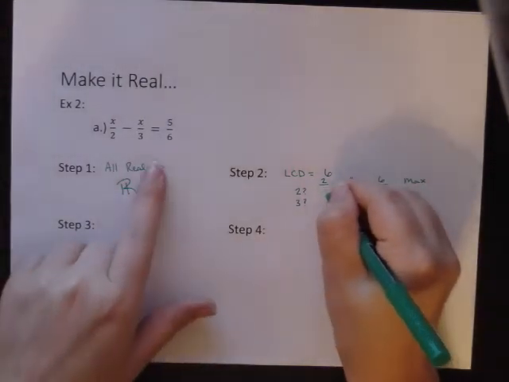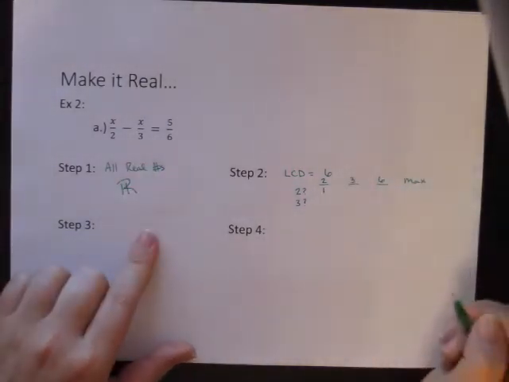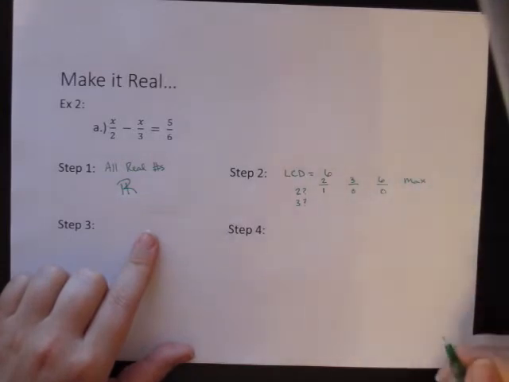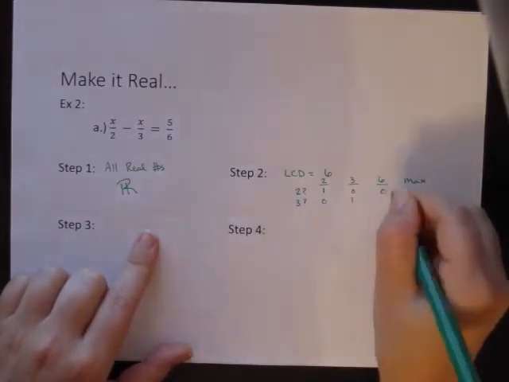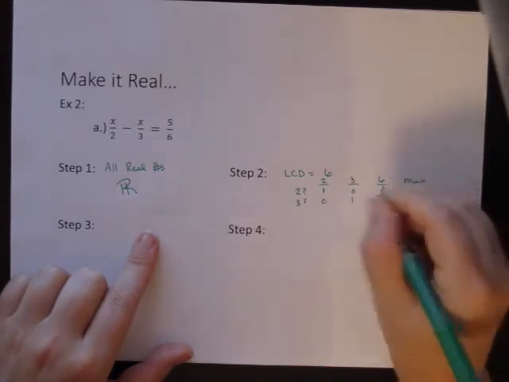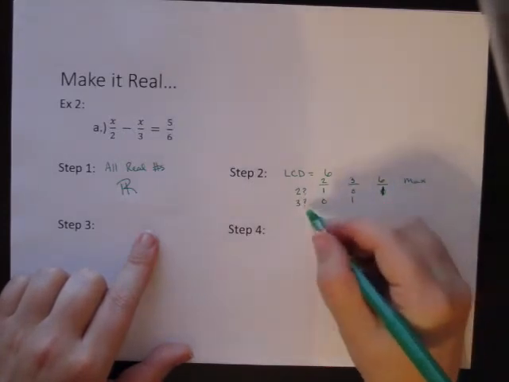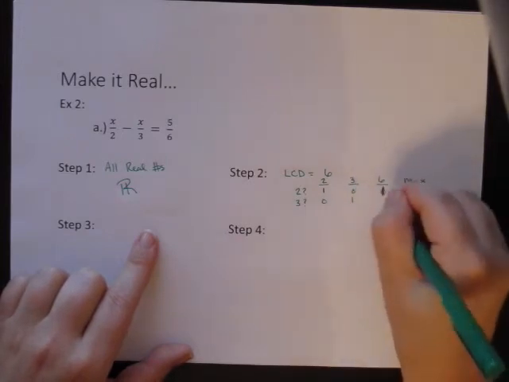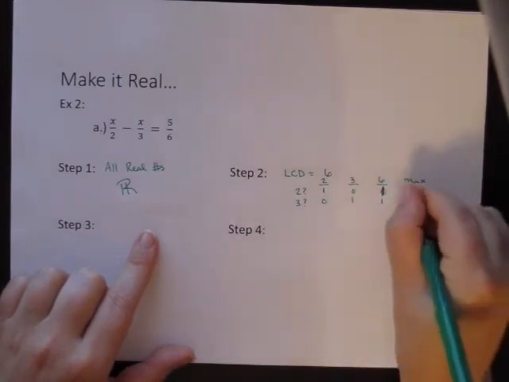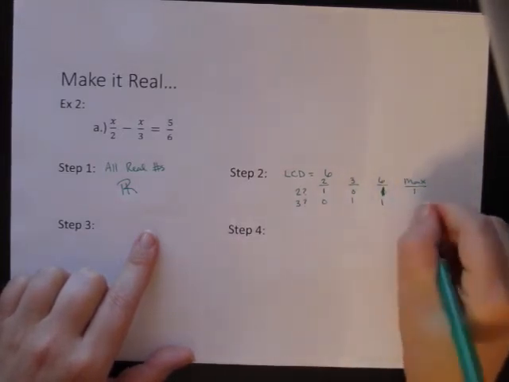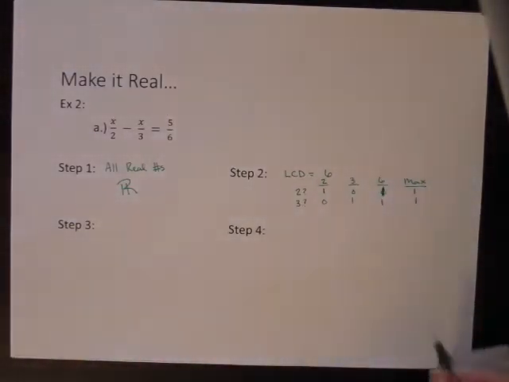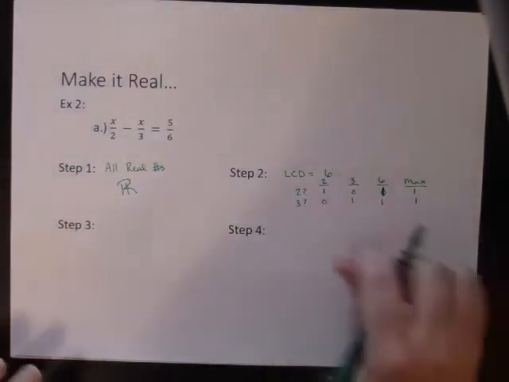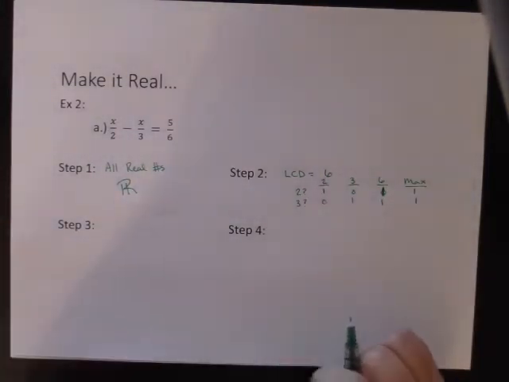In 2, 3, 6, how many 2's do we see? That would be 1, 0, 1. For 3, we have 0, 1, 1. So my max would be 1, and my max would be 1, so 2 times 3 would give me 6, if you need to see that. I don't have to see this. If you just tell me what your LCD is, I'm good to go.